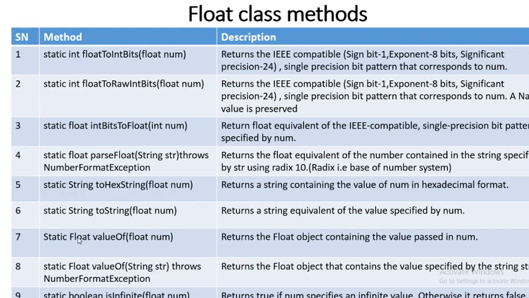Float, return type is float, that is float object, value of in bracket float num. Returns the float object containing the value passed in num. What is this? Whatever the primitive data type float number you are giving as an argument, this will be converted into float object.